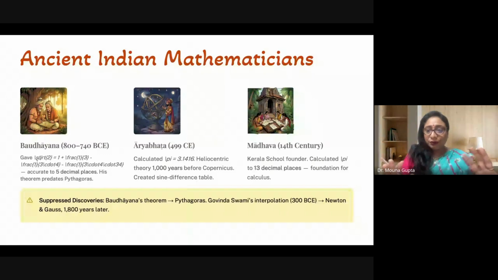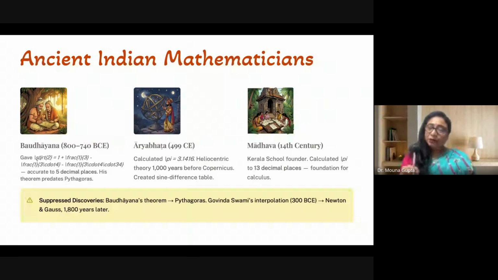But due to a lot of circumstances, these discoveries were suppressed. We don't want to detail why they were suppressed; we all know. Now, when we're talking about Bodhayana, I would like to mention one more thing here. We talk about root 2.